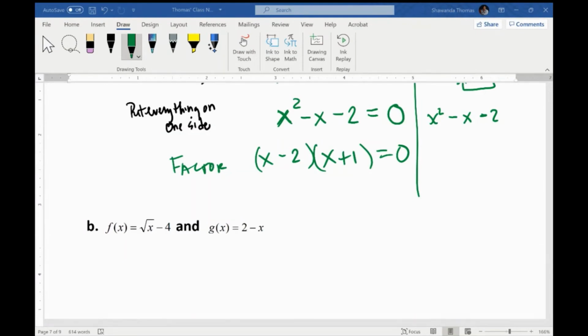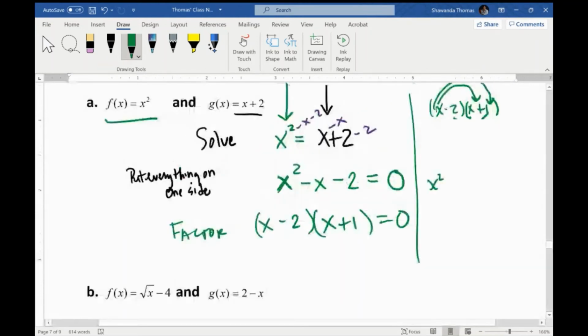What's the next step? Set them both to 0. Yes, Mary said set each factor to 0. And then we're going to go ahead and solve. I want to add 2, subtract 1. So x equals 2 and x equals negative 1.